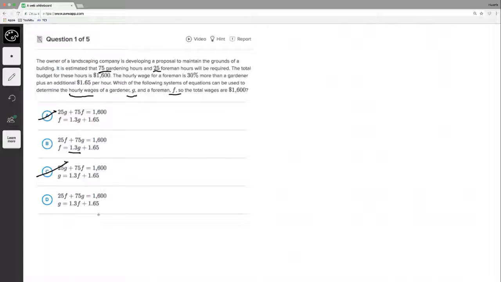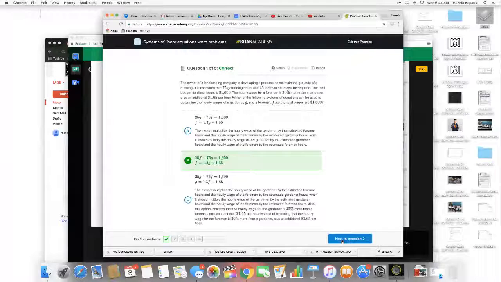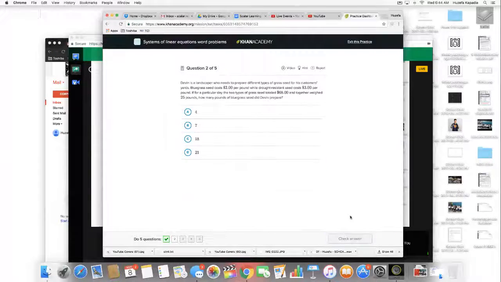B looks good. D is flipped, so this is incorrect. This would say the gardener is 30% more than the foreman. So we're going with B. Let's go ahead and select that and make sure we got this right. Okay. Good.